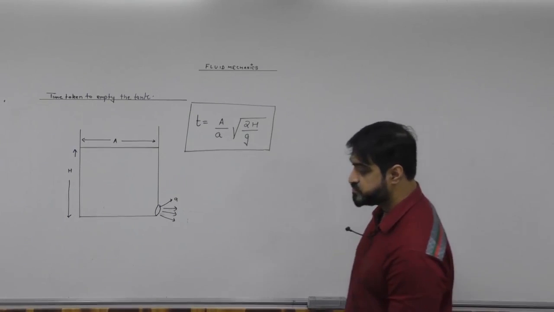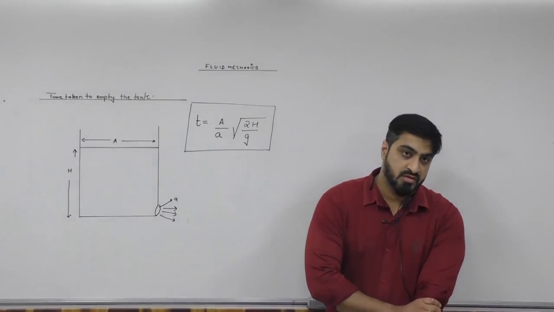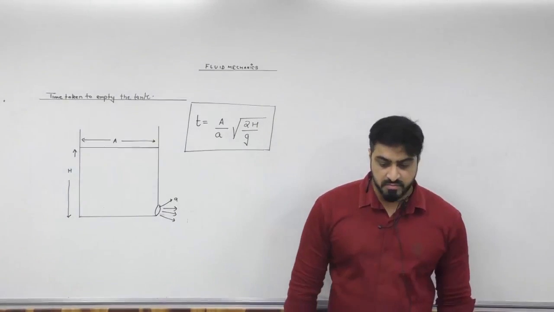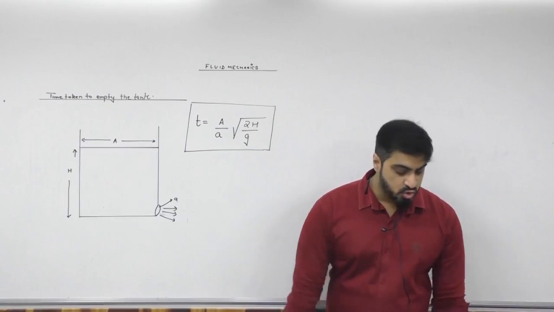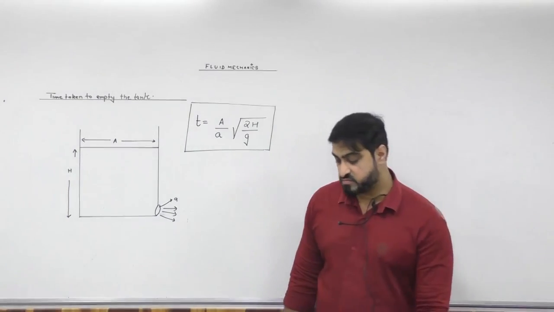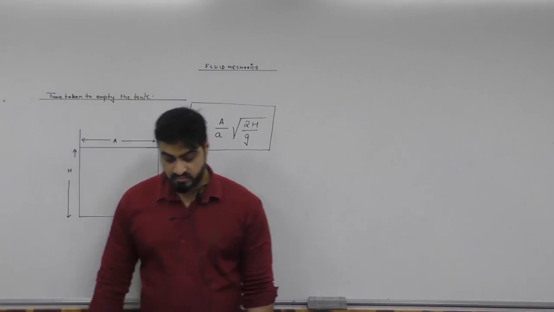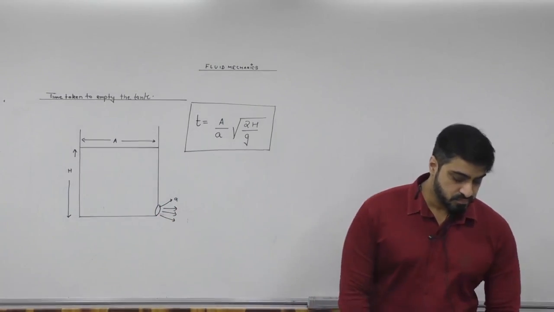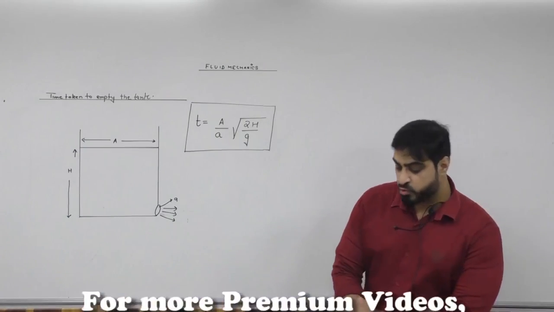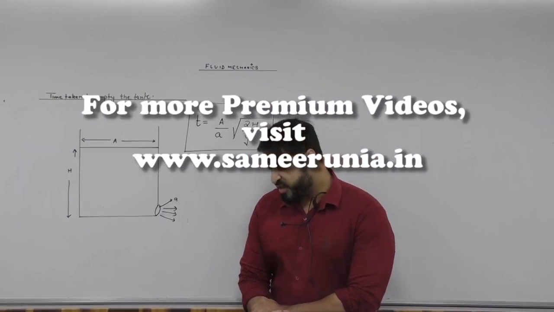First question. Time taken to empty the first half, that is from h to h by 2, is t1.